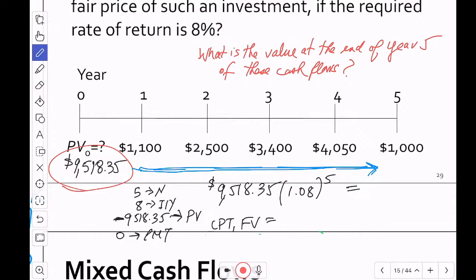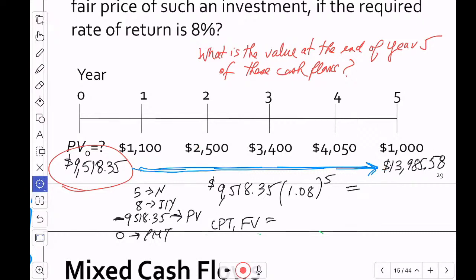Okay. So this might be a little confusing for students that I can do this, but that's the idea, that I've already integrated time value of money. So the future value of these cash flows is this amount.